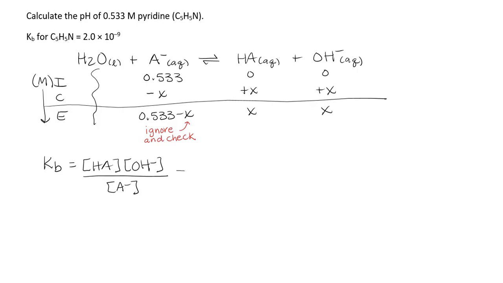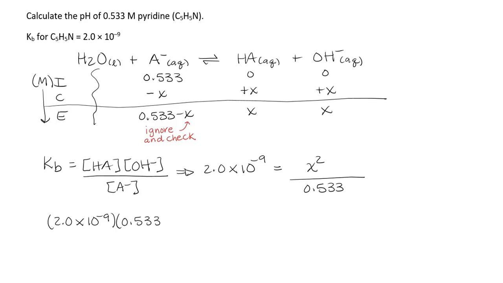So we'll plug in what we have. Kb, which is 2.0 times 10 to the negative 9, equals x times x, or x squared, divided by 0.533. Cross multiplying and solving for x, we have 2.0 times 10 to the negative 9 times 0.533 equals x squared. We take the square root of both sides, and that will give us x.